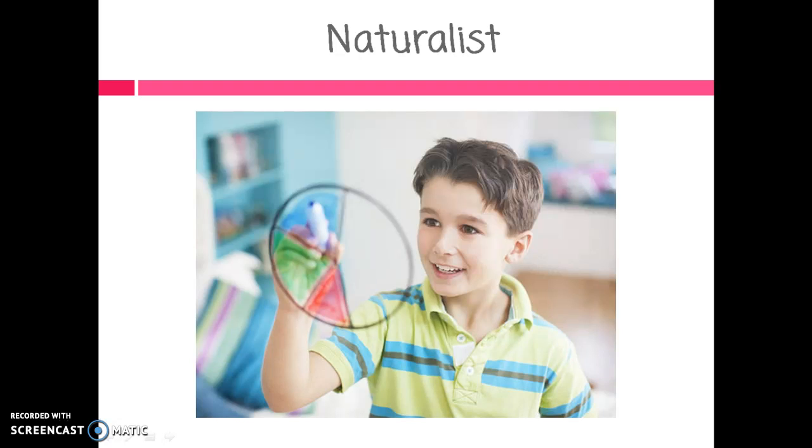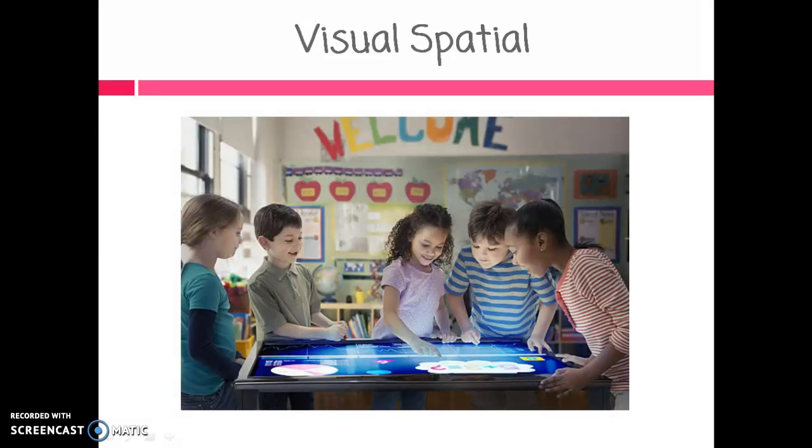Naturalists will be given the chance to sort and organize mathematical information in charts, notes, with manipulatives, and also in their final presentation of information. Visual spatial learners have a wide range of websites, visuals, manipulatives, and a final Google Slides presentation to allow their intelligence to thrive.